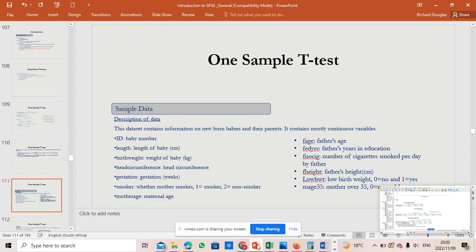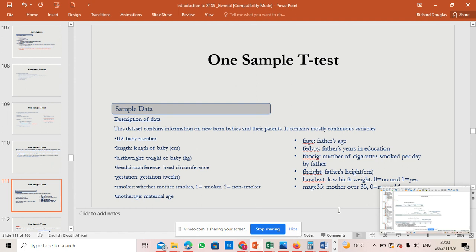yes. So invariably, what we are talking about is a dichotomous variable, whereby when you determine the birth rate, if it is low, you say yes, and if it is not low, you say no. So we assign a value of zero to no and one to yes.